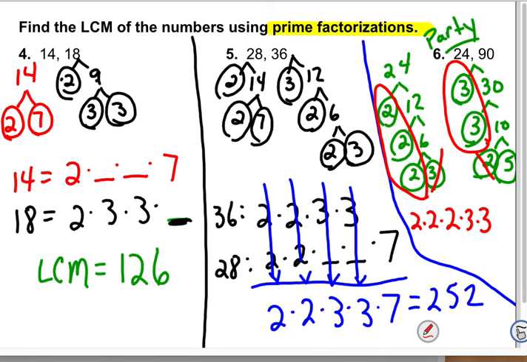We haven't brought in the 5, so now we bring it in. 2 times 2 is 4 times 2 is 8, times 3 is 24 times 3 is 72 times 5 is 360.